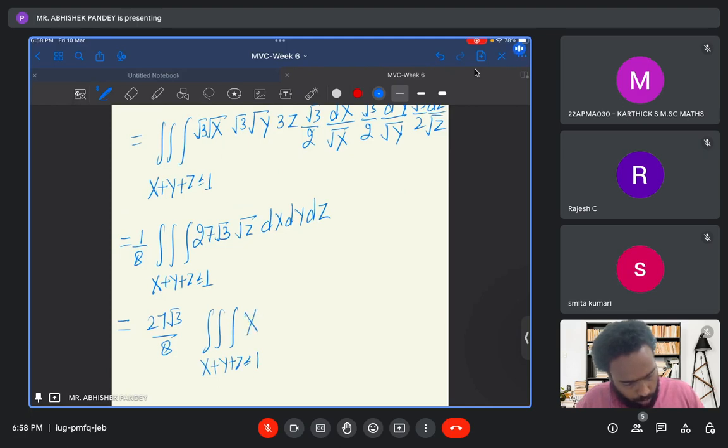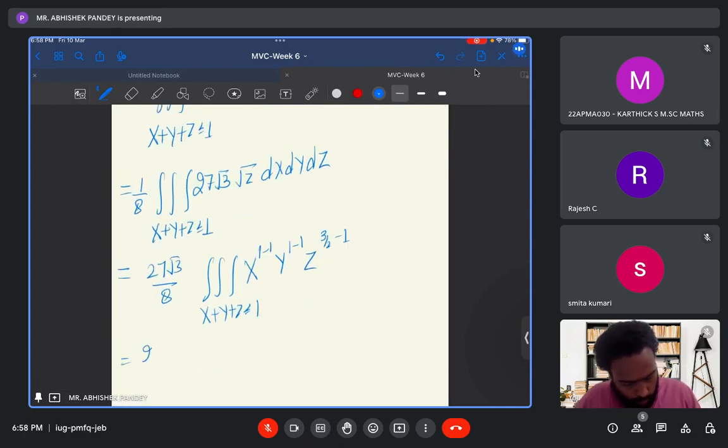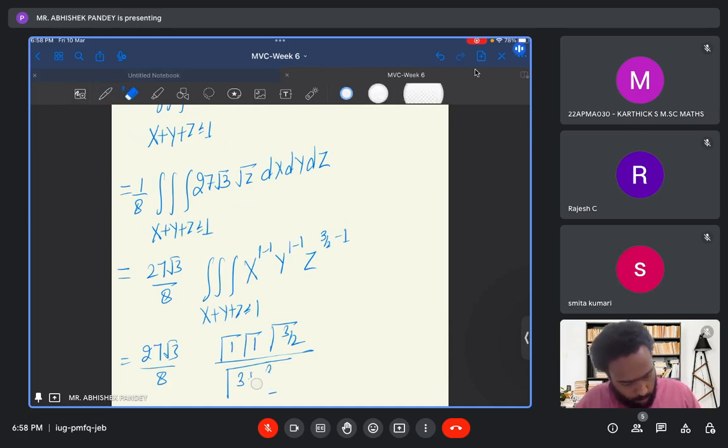You can write x to the power 1 minus 1, y to the power 1 minus 1, and z to the power 3 by 2 minus 1. Now by Dirichlet integral theorem, this will be 27 root 3 by 8, gamma of 1, gamma of 1, gamma of 3 by 2, and gamma of 3 plus 3 by 2. So this is gamma of 9 by 2.